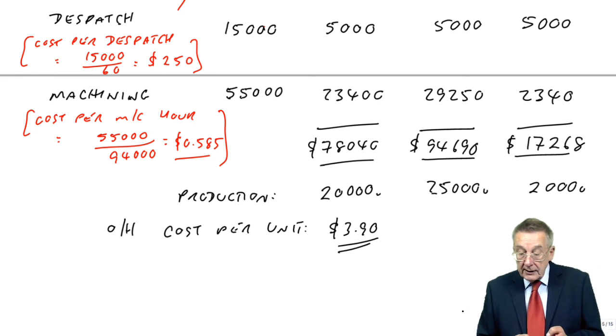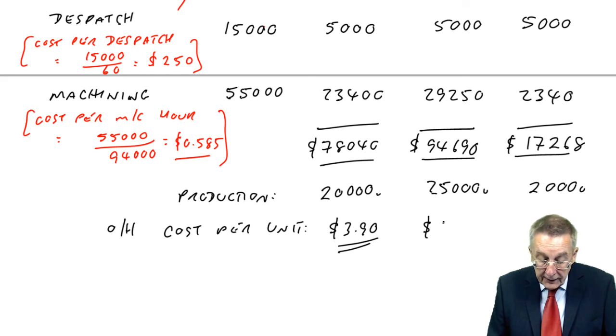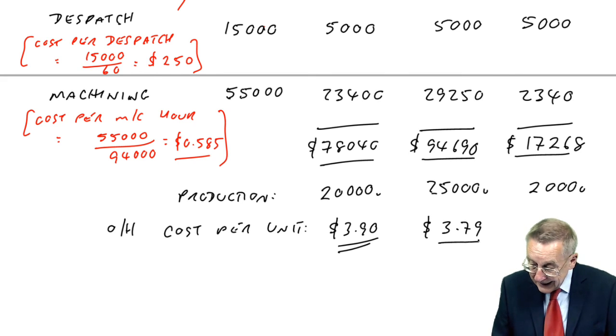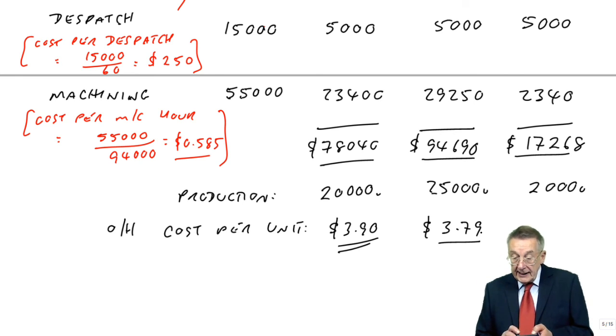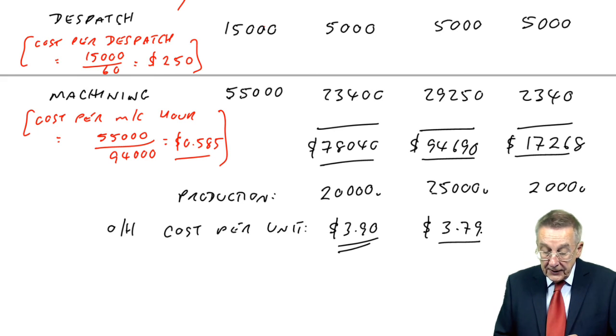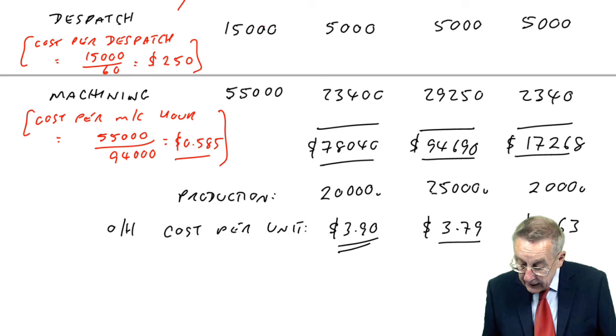Similarly for B, 94,690 in total, divide by production of 25,000 comes to $3.79. And finally for C, 17,268 divided by 2,000 comes to $8.63.